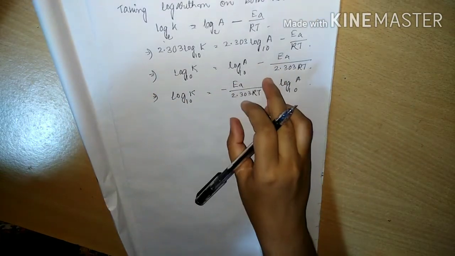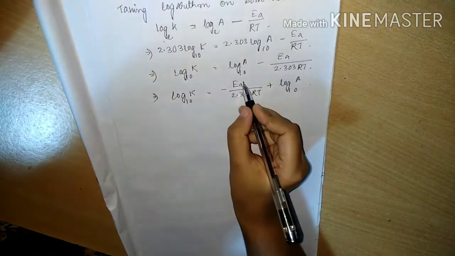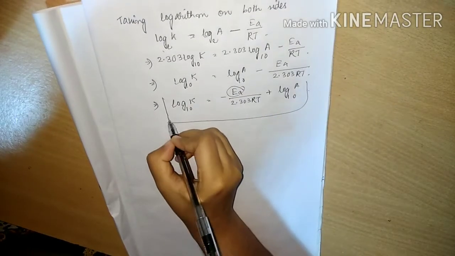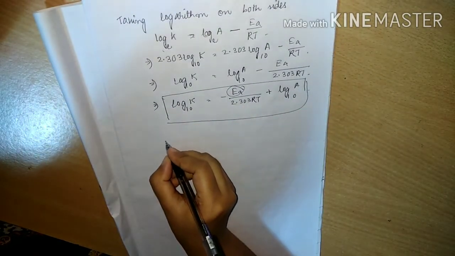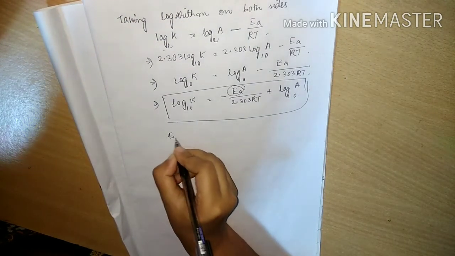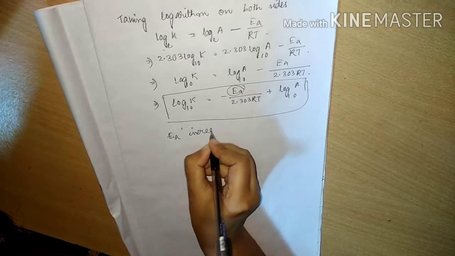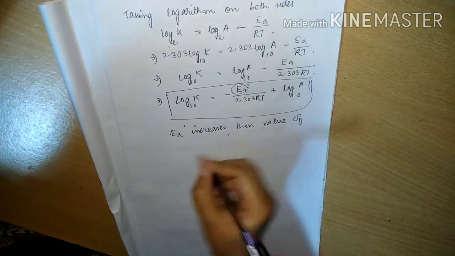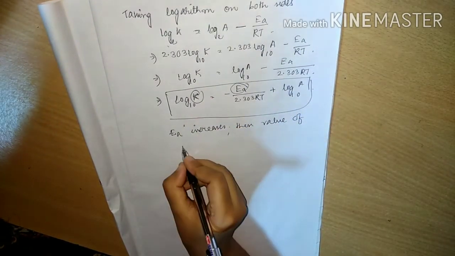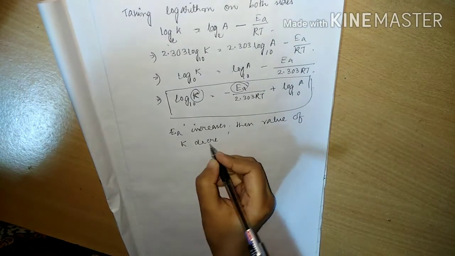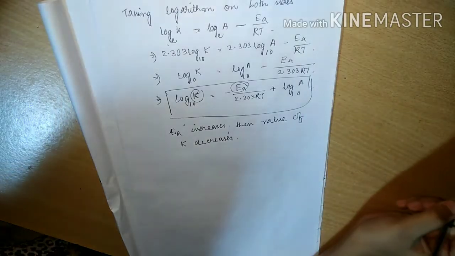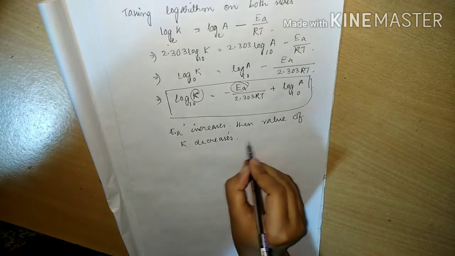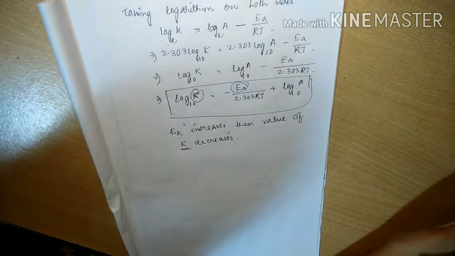So from this equation it is clear that if the activation energy EA increases, then the value of K, the rate constant, decreases. If K decreases, the reaction rate will also decrease because they are directly proportional.